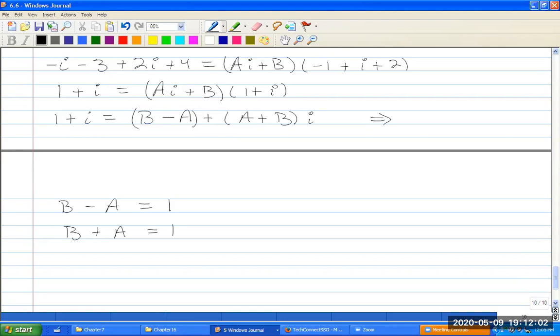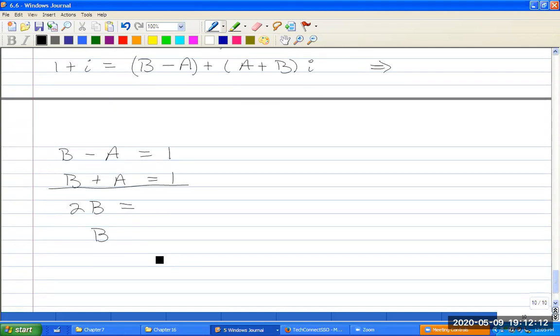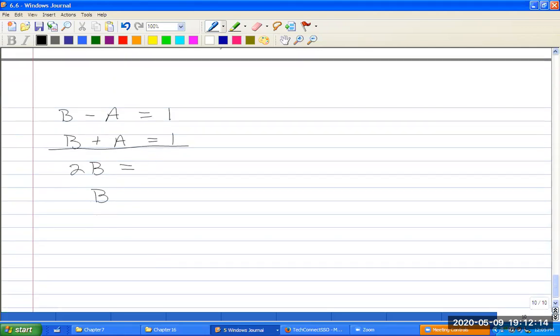So if I add these, I get that 2B is equal to 2. And so B is equal to 1. But if B is equal to 1, let's go in the second equation here. I get A equals 0. Okay, so A is 0 and B is 1. That's good. That simplified life quite a bit.